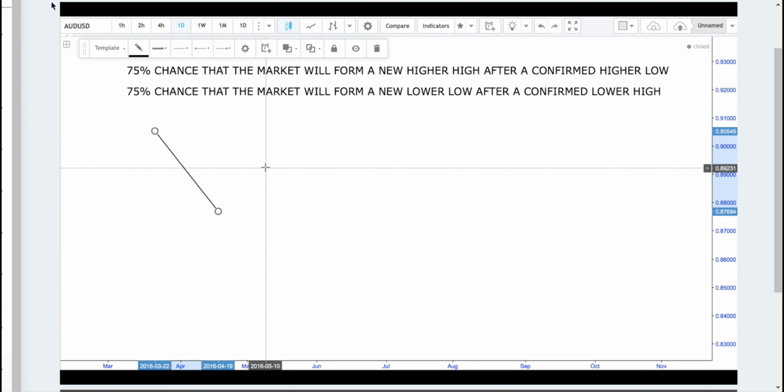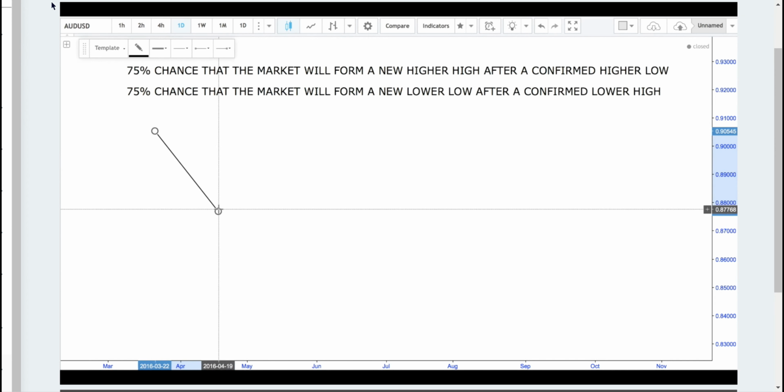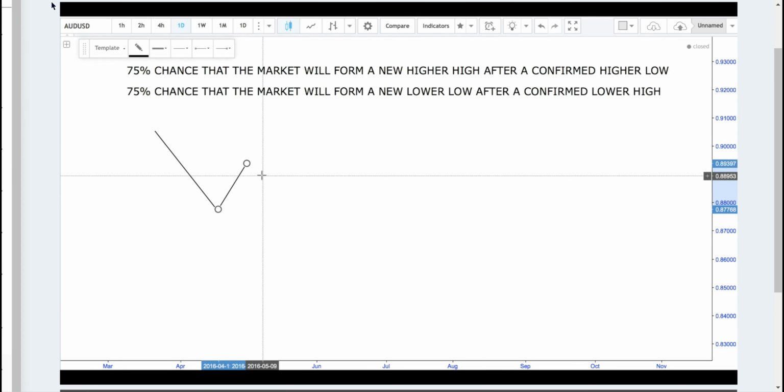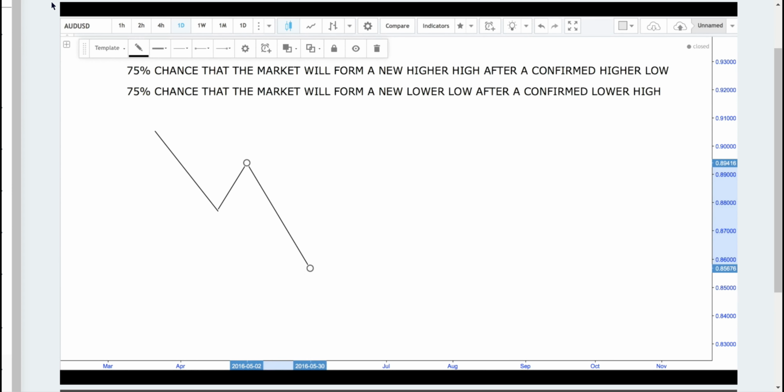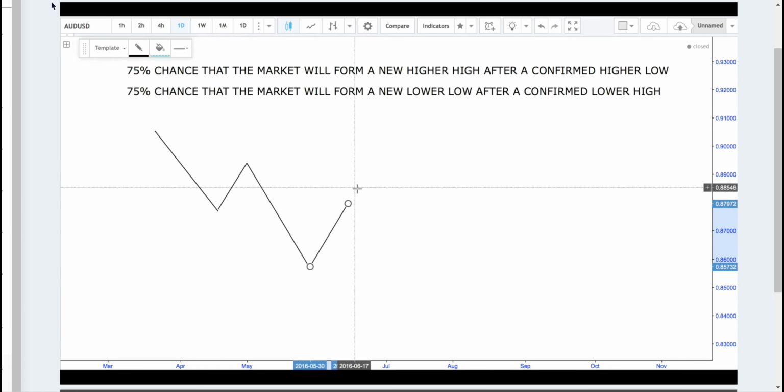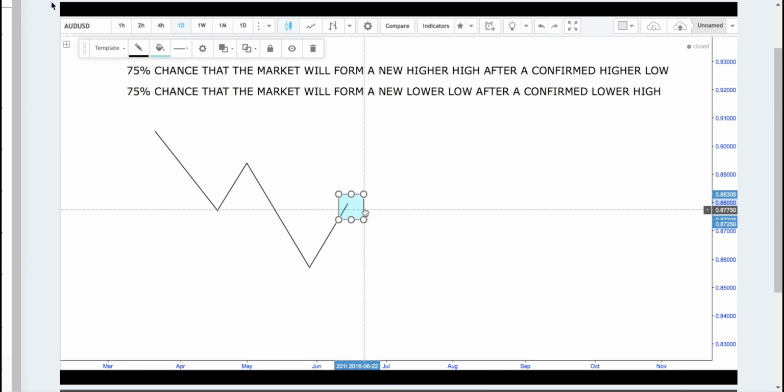So if you've got these rules down, for instance, let's say you've seen a lower swing high potentially form just around here. Let's say it's a 3-pin, or a bearish engulfing, or a shooting star, or an evening star.